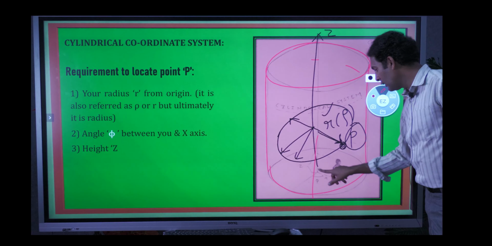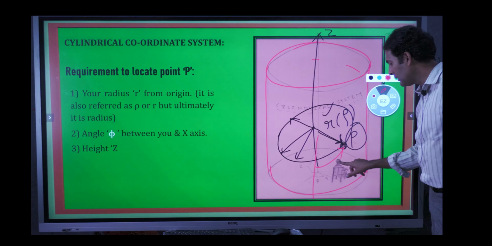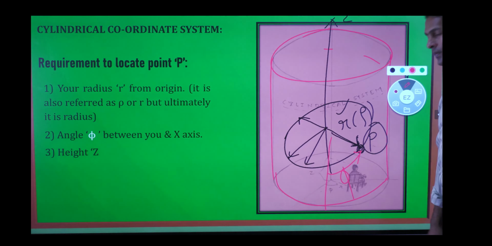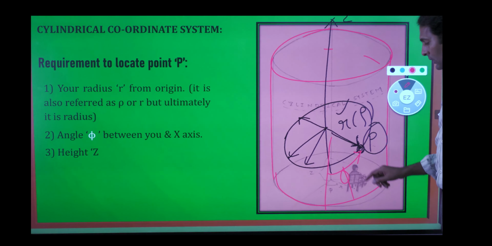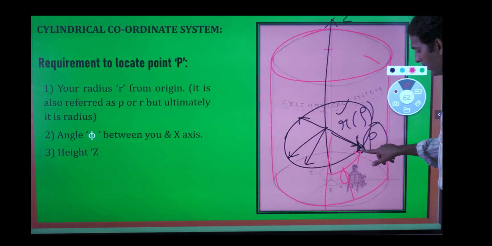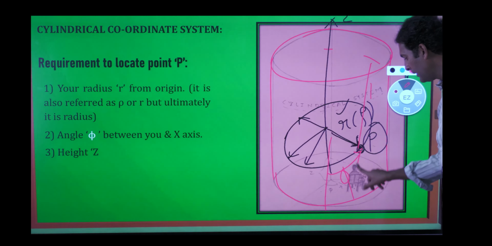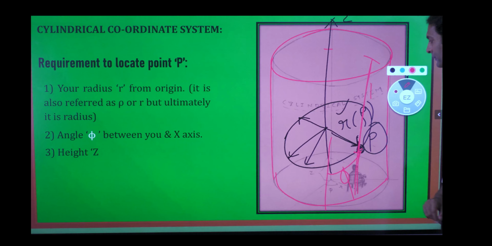So the second parameter we consider is the angle phi, maybe 15 degrees, 20 degrees or 30 degrees. But at radius 10 and phi 15, there will again be several points available on this entire vertical line.